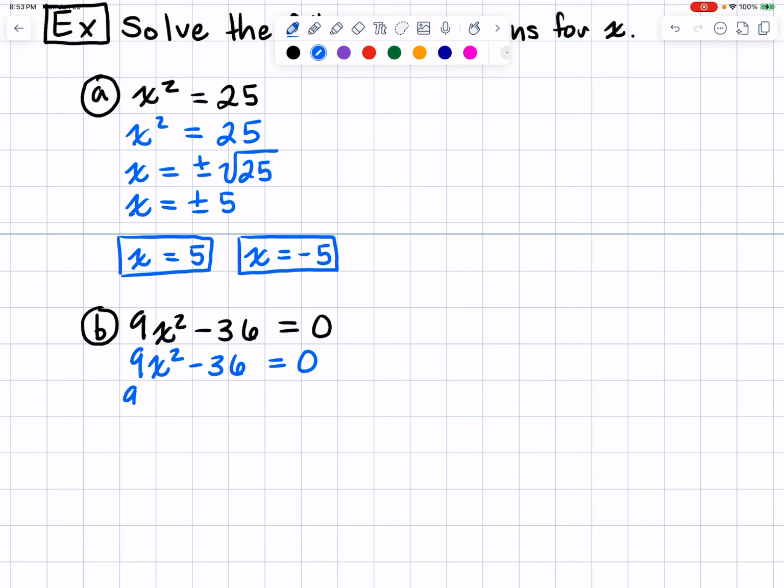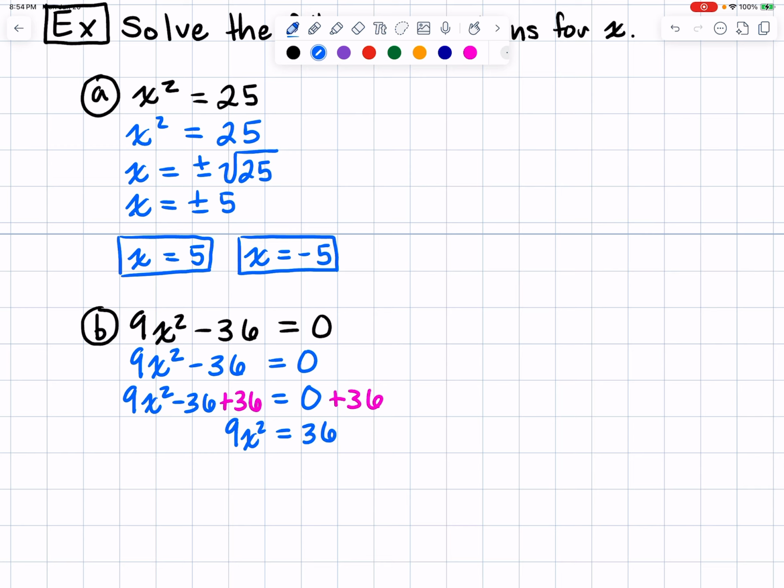So I'm going to get 9x squared minus 36, but I'm adding 36 to both sides, equals 0 plus 36. All right. On the left-hand side, the 36's cancel, and we get 9x squared equals 0 plus 36 is 36.